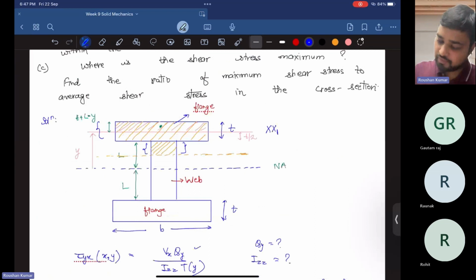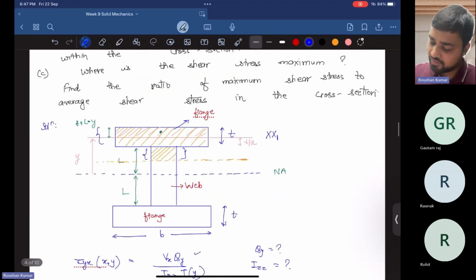So for this we know that this distance is nothing but t, and the area is given by t times this distance, which is l minus y.